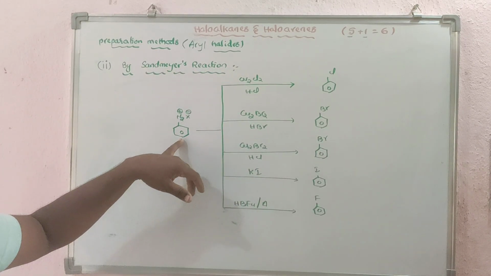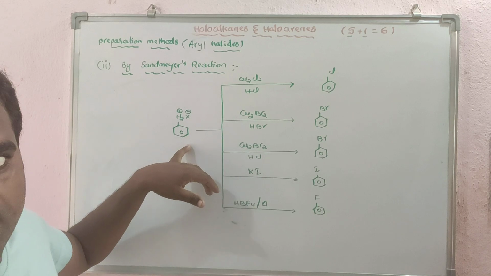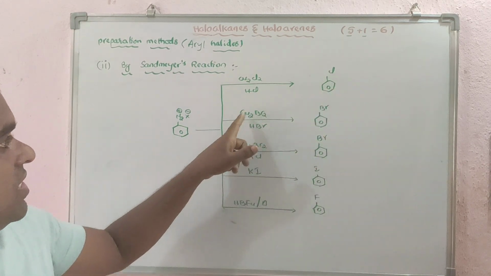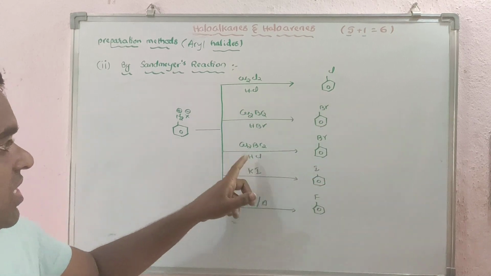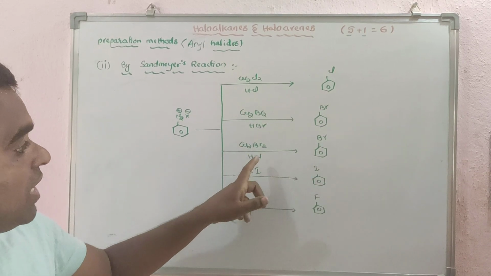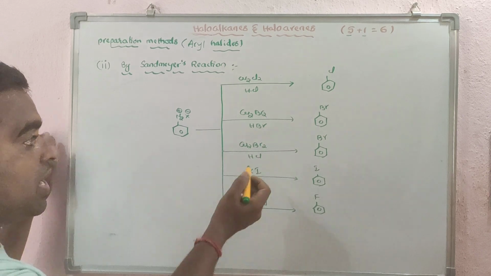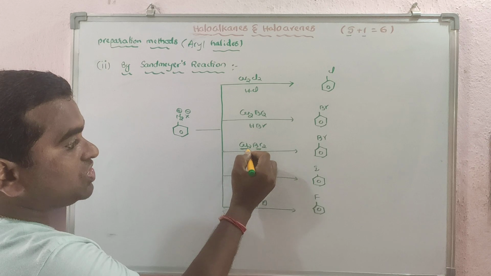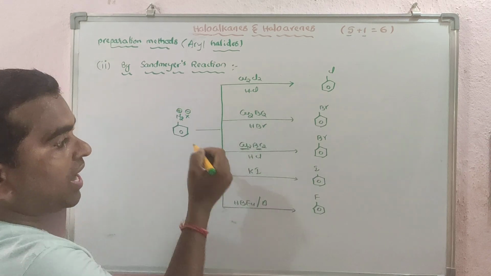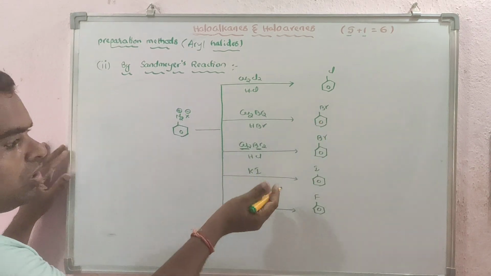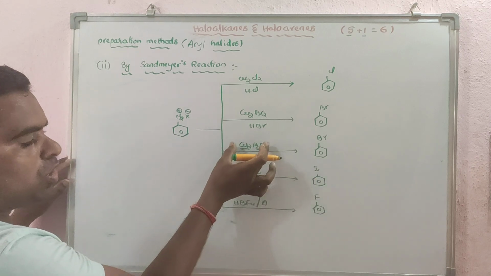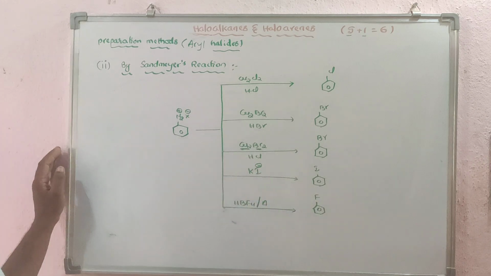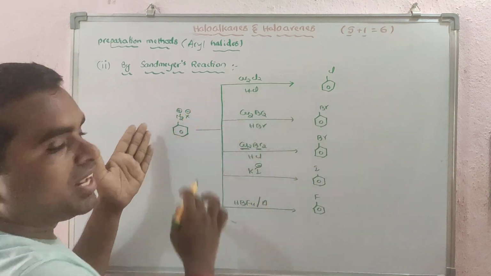Table I have written clearly. Benzene diazonium chloride treated with Cu2Cl2 and HCl gives chlorobenzene, Cu2Br2 and HBr gives bromobenzene, Cu2Br2 and HCl. But I said which one will be added on the benzene ring? The halide attached to the copper is the only one added on the benzene ring. And you know, for the preparation of iodobenzene, we need not take any copper halides, because iodide ion is a powerful nucleophile and it replaces nitrogen.